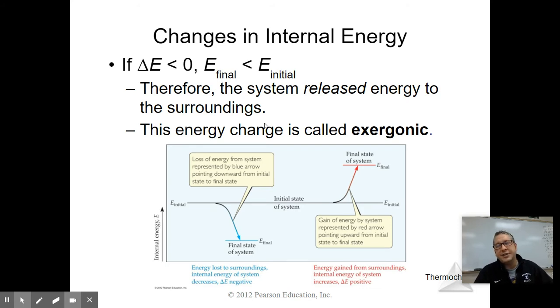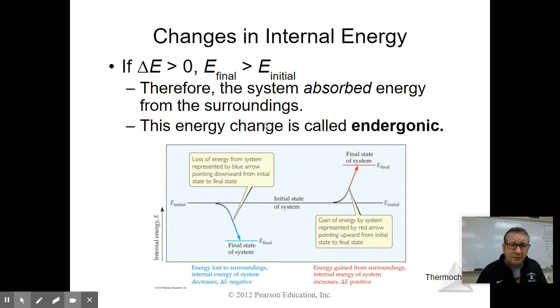In yesterday's discussion, we talked about the system and the surroundings, and we used that example of the gases inside of a cylinder that had a piston on top of them. Okay, and the system was what we wanted to study, and that was the gas molecules. Okay, so if we have a final internal energy that is less than our initial, we have released energy to the surroundings, and this is called exergonic.